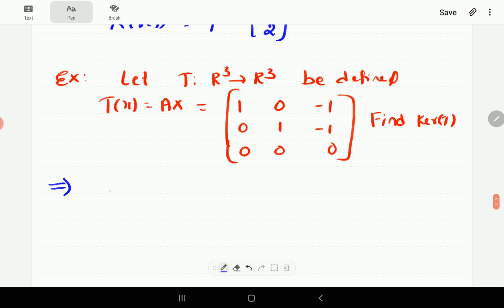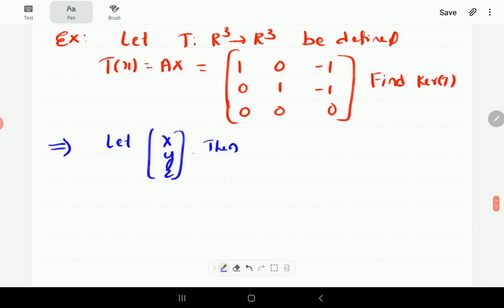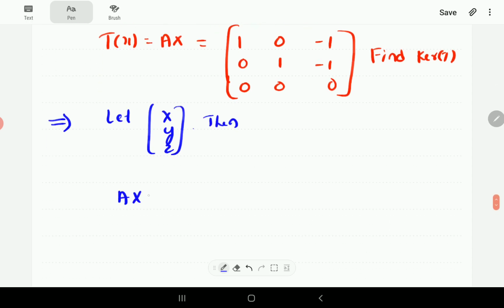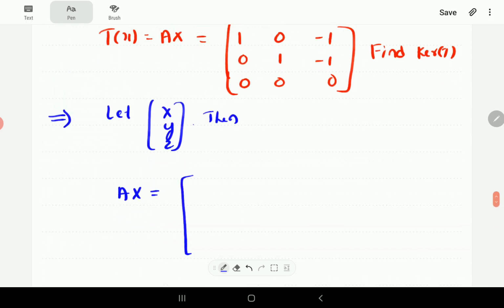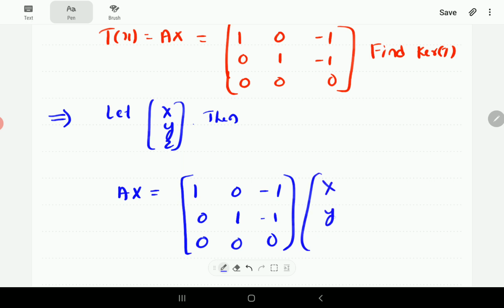So here we want the x such that let x be x y z, because it is from R3 to R3. Then our a into x, if I multiply, this is my x and this is our a: 1 0 negative 1, 0 1 negative 1, 0 0 0 into x y z is equal to x minus z and then y minus z, and 0.